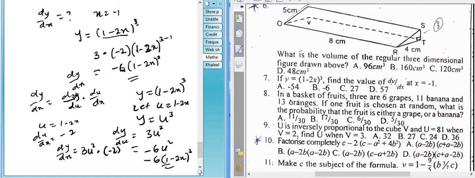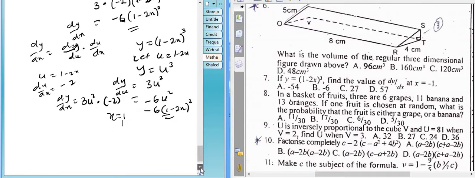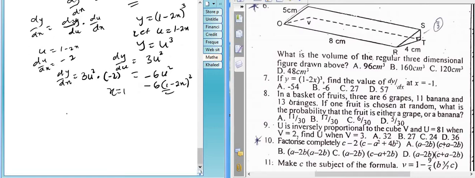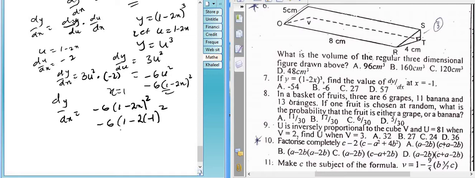So this is the correct expression, but it is given that x is equal to -1, so we substitute into this equation. dy/dx is equal to -6 times (1 minus 2x) all squared. With x as -1, that's -6 times (1 plus 2) squared.